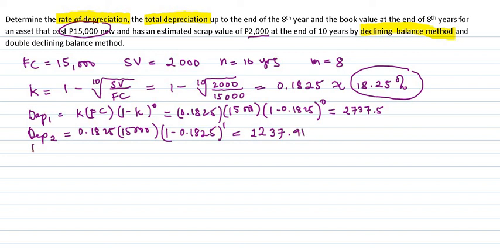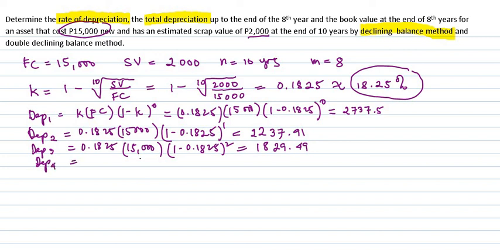And then the third year depreciation, that is 0.1825, 15,000 multiply it by 1 minus 0.1825 raised to 2, that is equivalent to 1829.49.